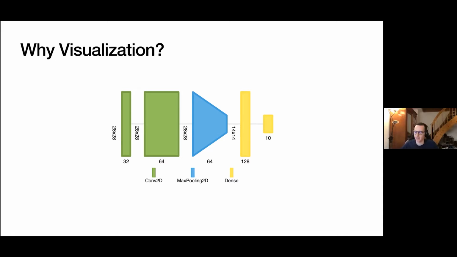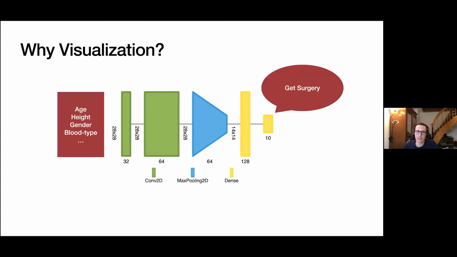If we then add to this the fact that we're not able to fully understand what happens inside this model, and that such models, maybe something a little bit bigger, make very important decisions. For example, in the medical domain, you might feed your model some metadata, or maybe a CT scan, and it tells you, you should get a surgery.